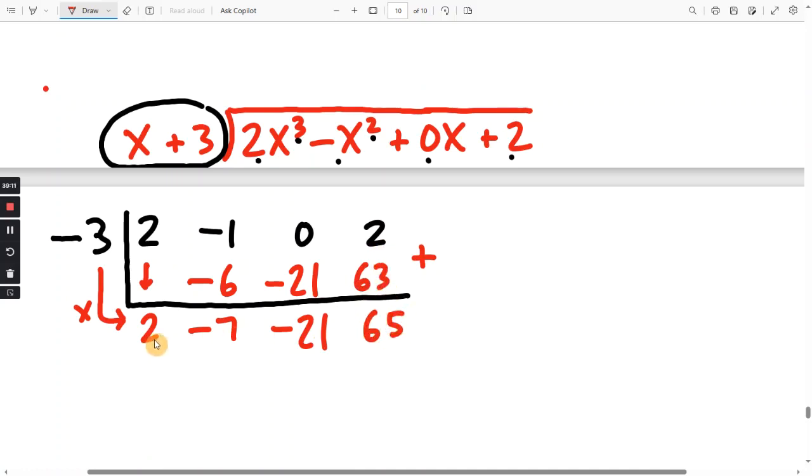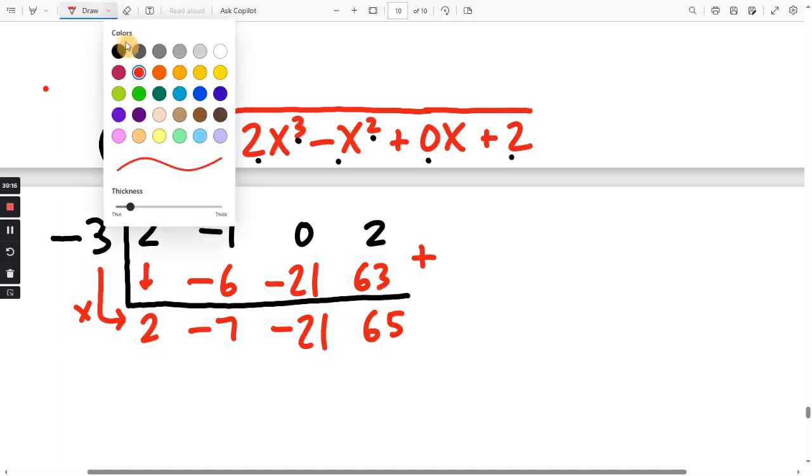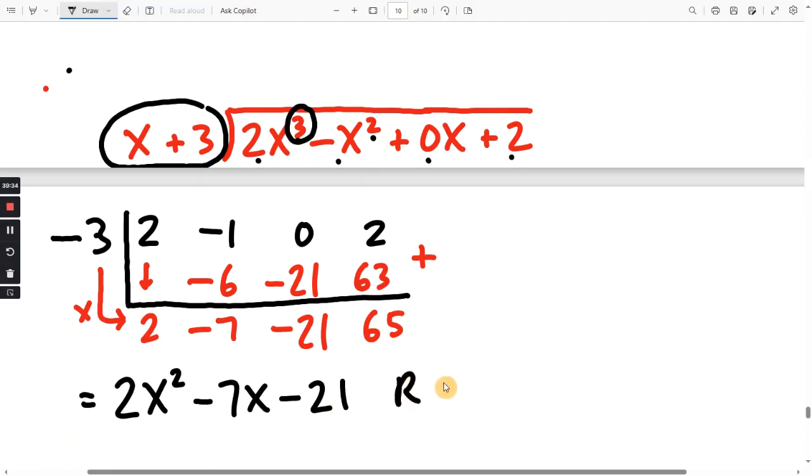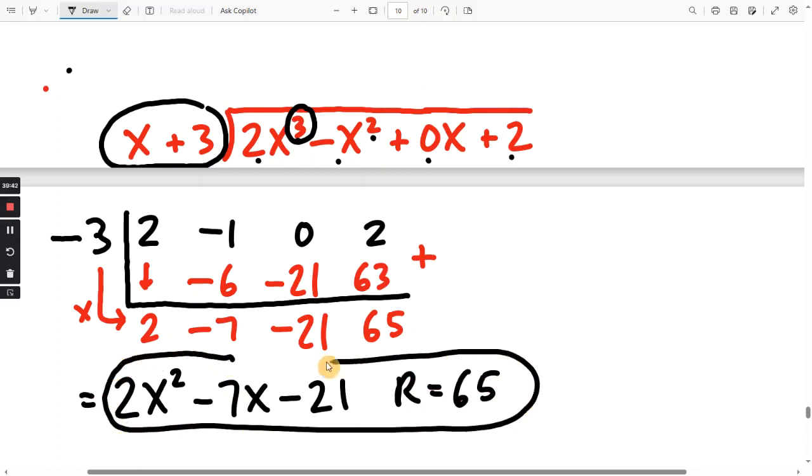This one here, the exponent on this x is 1 less than the original. So this is going to be a 2x squared, and then count down by 1: minus 7x, minus 21, and the remainder is 65. Answer A.